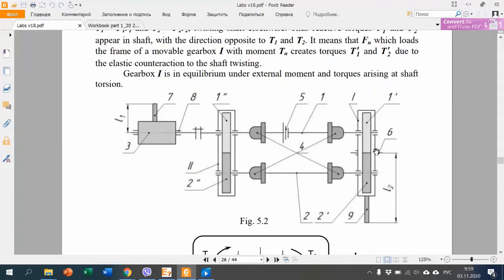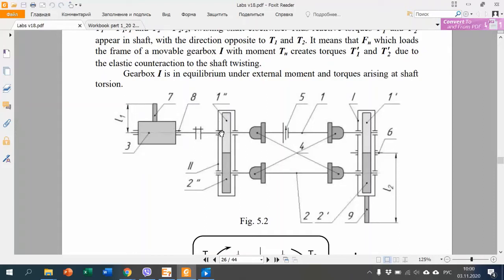So one more time, we have a force between teeth, and this force creates reactions in a shaft, the shaft in a bearing, the bearing in a frame, the frame on a base plate. And the same way we have it in the second gearbox. We have a force between teeth. This force acts on a shaft, on a wheel, on a shaft, on bearings, on a frame, and on a base plate.